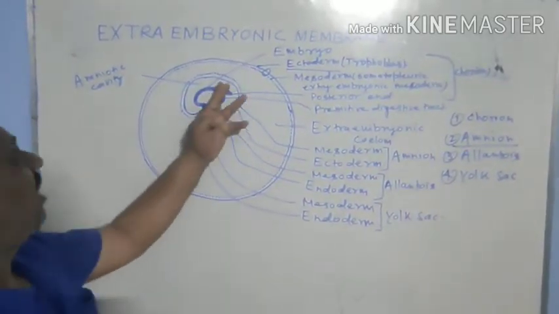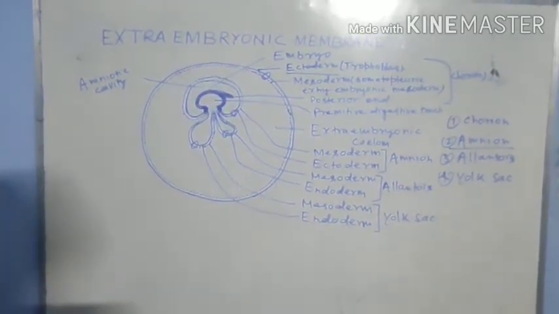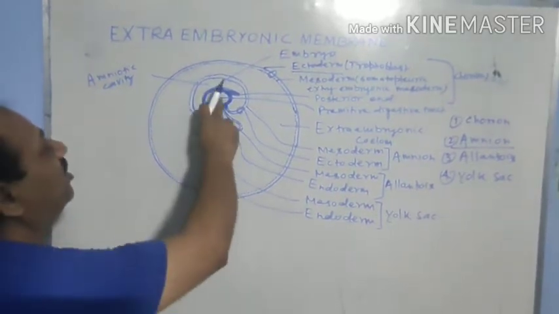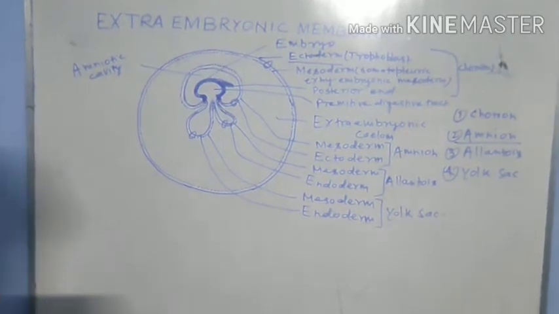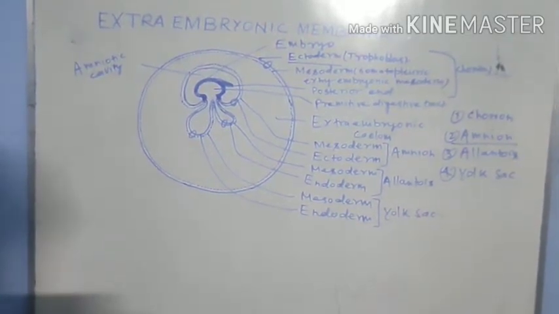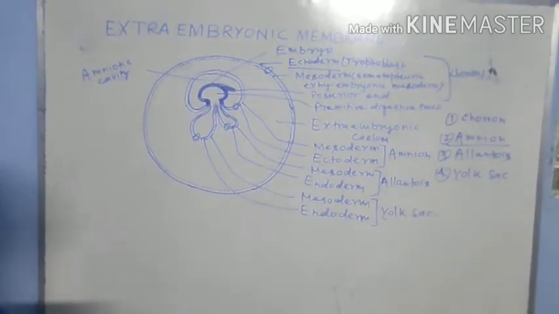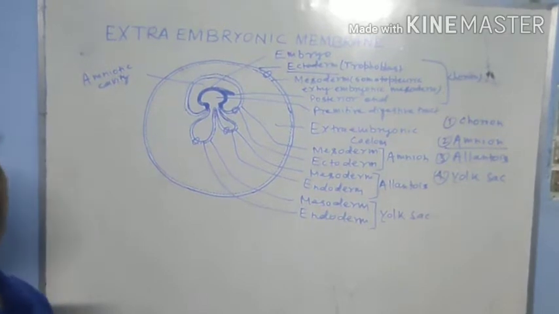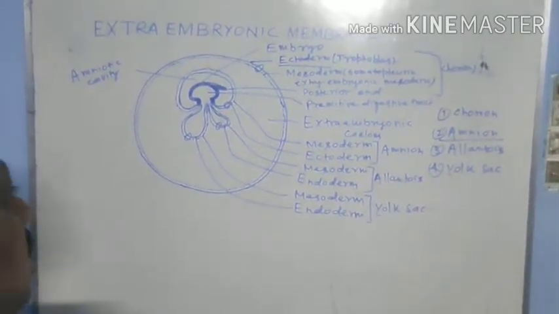The amnion contains a cavity known as the amniotic cavity. You can say the space between the amnion and the embryo is the amniotic cavity. It is filled with a fluid known as amniotic fluid, which serves as a shock absorber or cushion, and protects the developing embryo from mechanical shock.